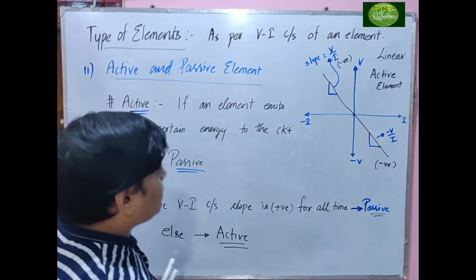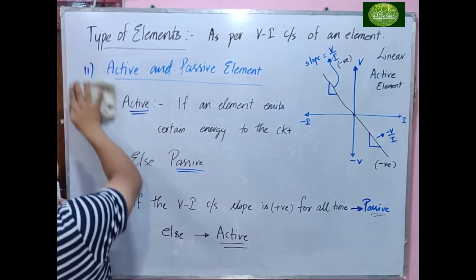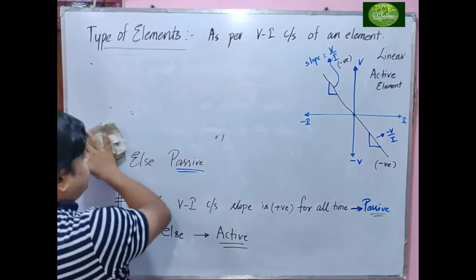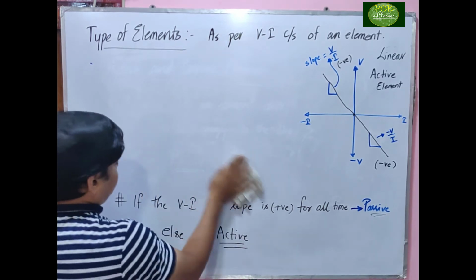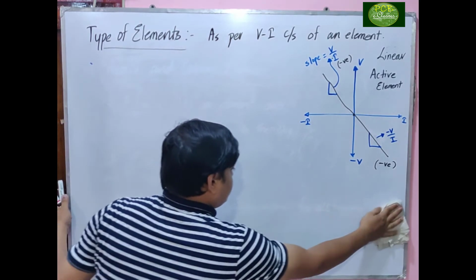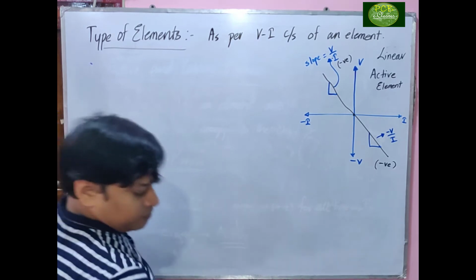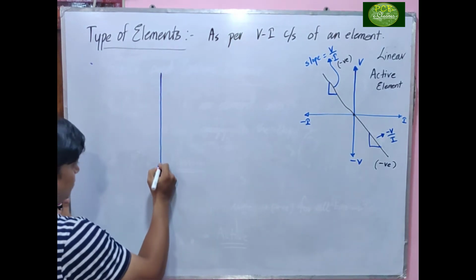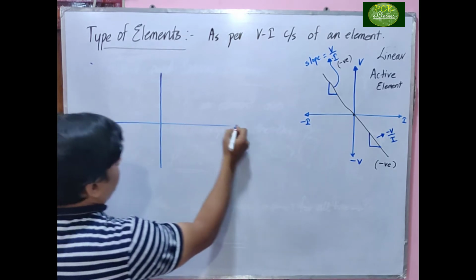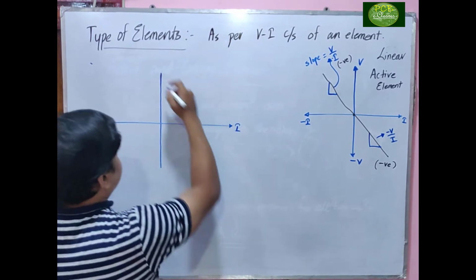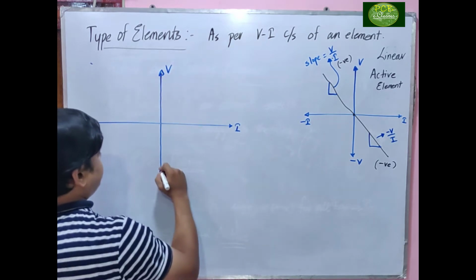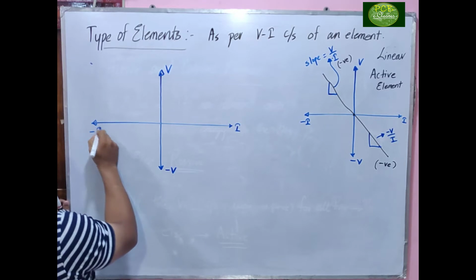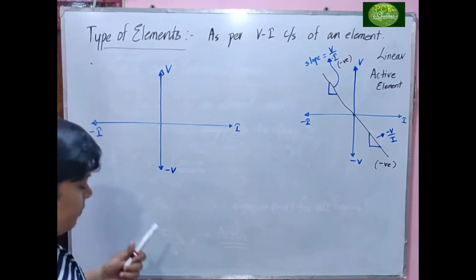Next. We will go for another example. Suppose we have taken a VI characteristic, this I, this is V, this minus V, minus I, right?